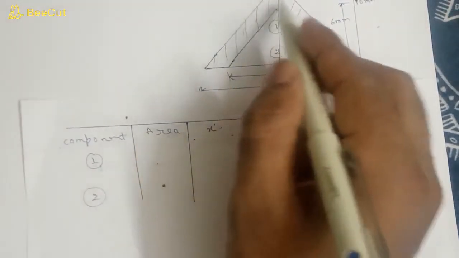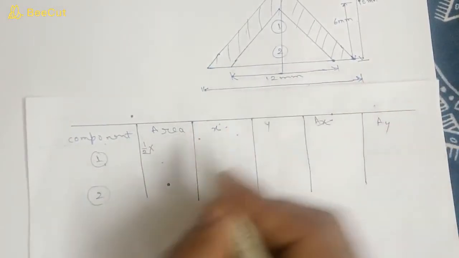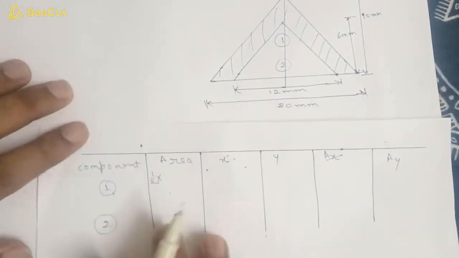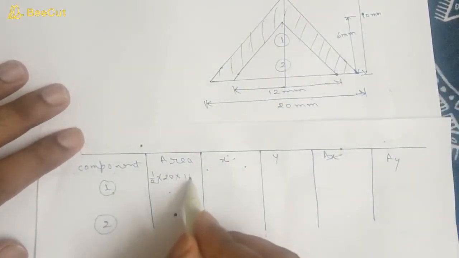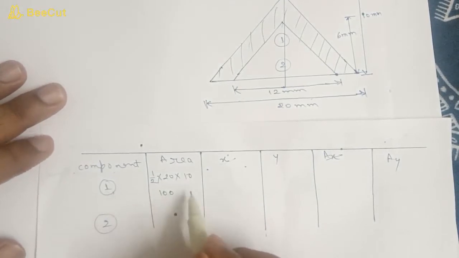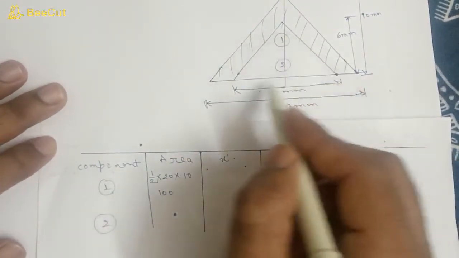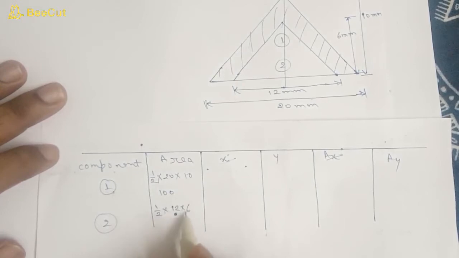For component number 1, the area is half into base into height. The base is 20 into height 10, so 20 into 10 is 200, divided by 2, is 100 mm square. For this triangle, the area is half into 12 into 6.